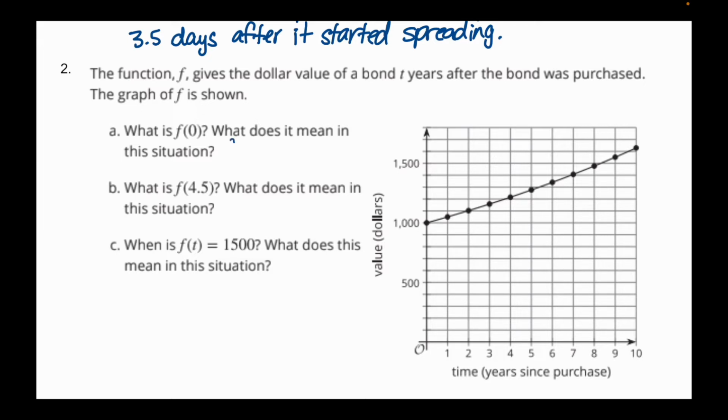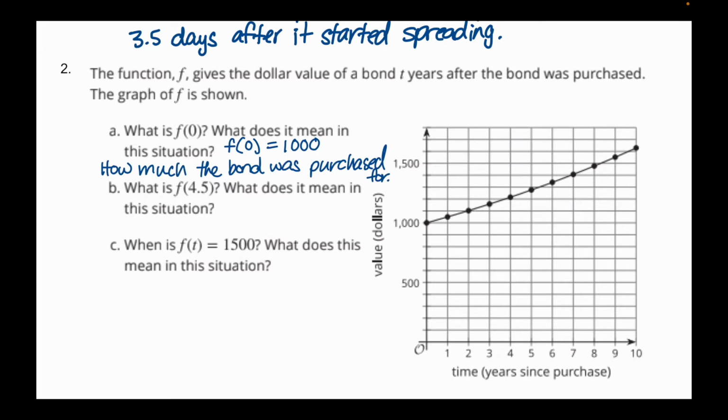So we can say f of 0 equals 1,000, which is how much the bond was purchased for. Like when they bought it, that's how much they bought it for, and that's how much it was worth.